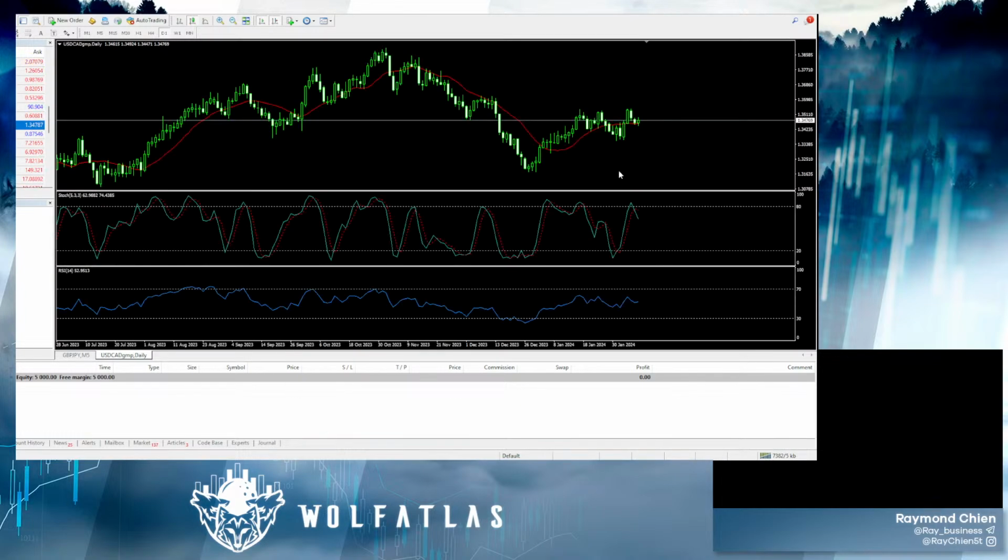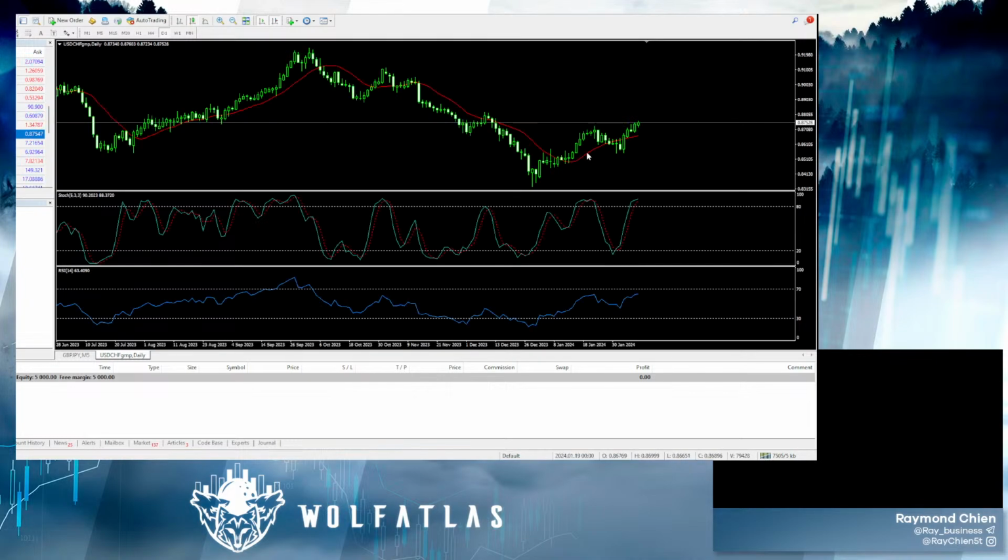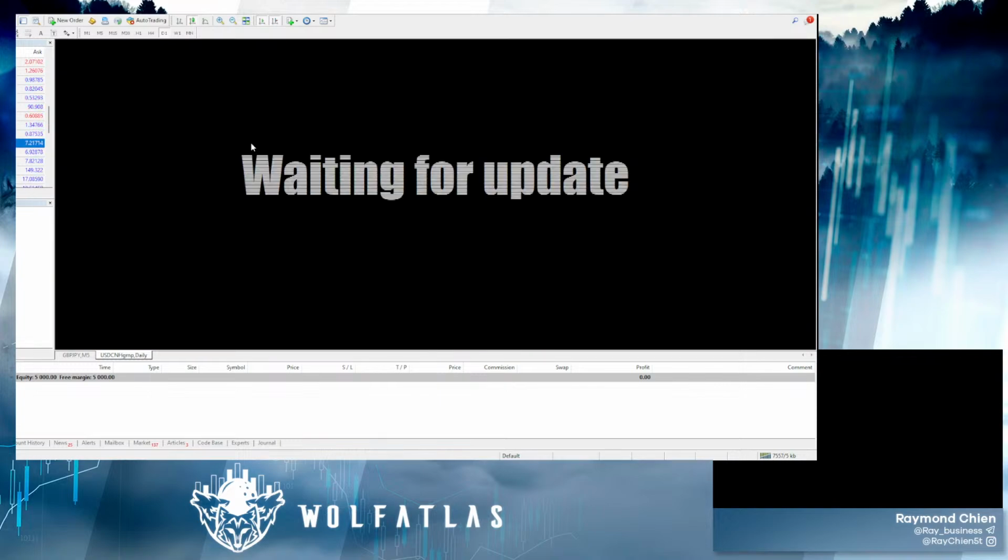So far, on all of the pairs that we're looking at, they do not have a very accurate entry point. So for educational purposes, we will actually show you a trade on placing it, but don't do it. This is not the strategy at 100%. Don't do it because this will have a higher risk if you're just going to jump in and start trading when you don't even see a proper signal.